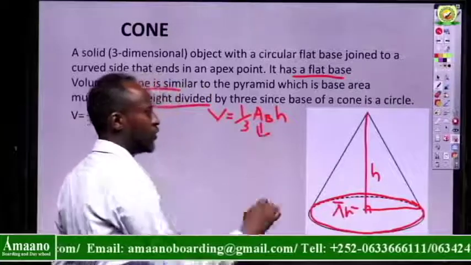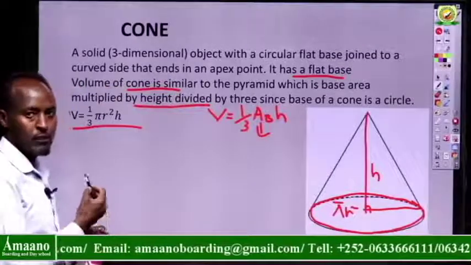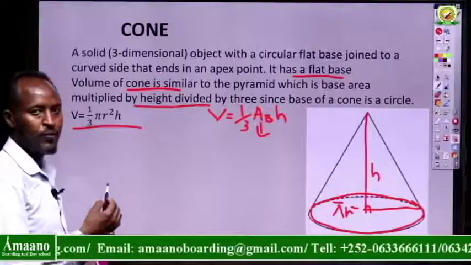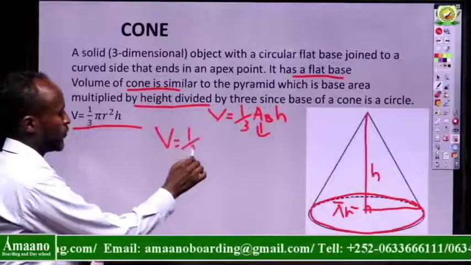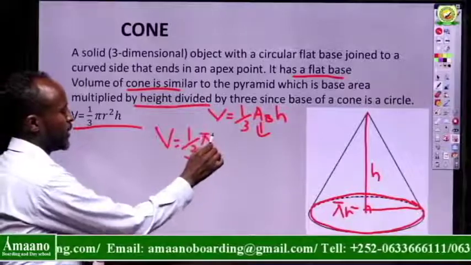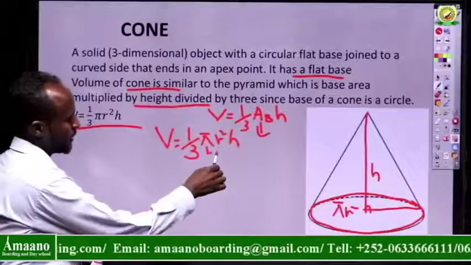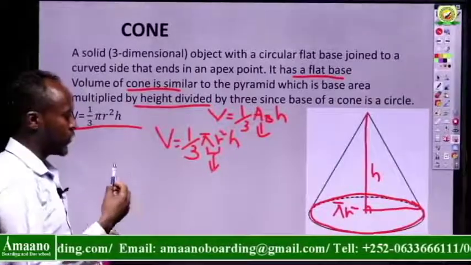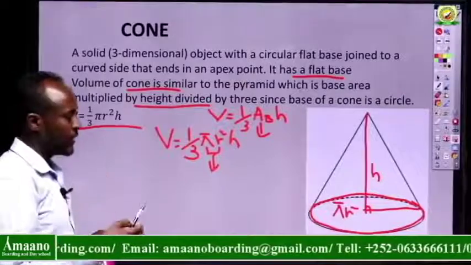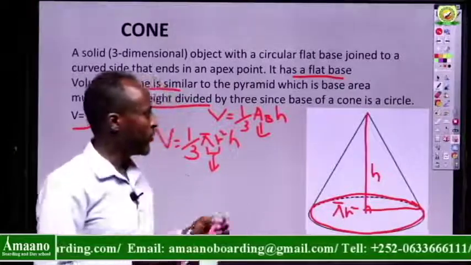Then we can substitute it instead of the area of the base. This is the formula for the volume of a cone: volume is 1/3 pi r square h. This pi r square is the area of the base of a cone. If we are given the base radius and the height, then we can find the volume of a cone.